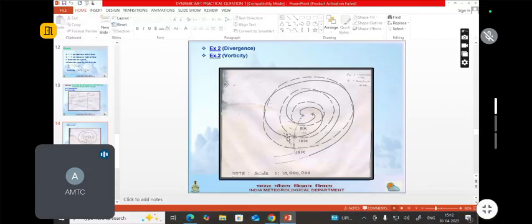What you have to do first, let us go for divergence. For divergence, we start putting the orthogonal curve, that is, normal to the streamline. You will see one streamline is this, one streamline is this.